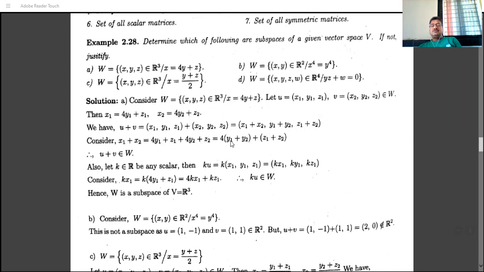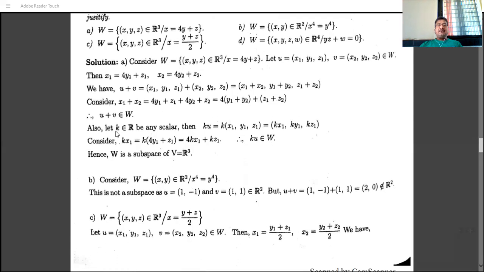Take 4 common: 4 times (y1 plus y2) plus (z1 plus z2). So this element satisfies the property x is equal to 4y plus z, and therefore u plus v belongs to W.